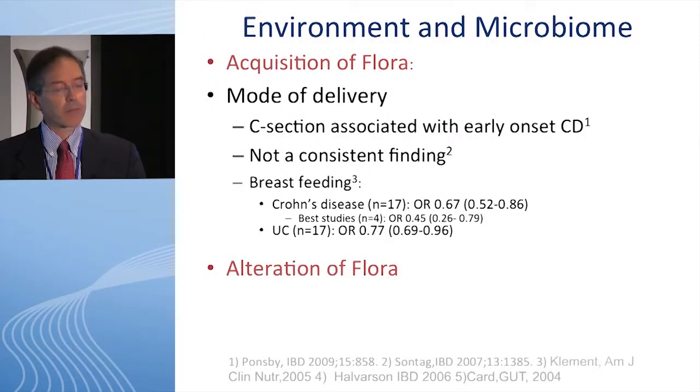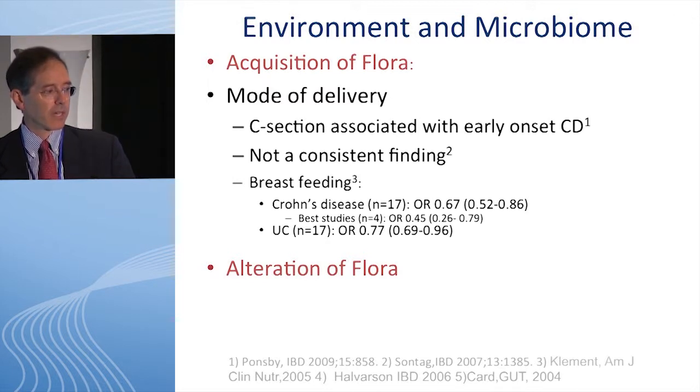So when we look at the environment and microbiome, there are clearly important risk factors that are somewhat associated. The environment may shift our microbiome, which then has important influences. Our initial acquisition of flora is through the birth canal and breastfeeding. The breast has traditionally been more colonized with bifidobacteria.